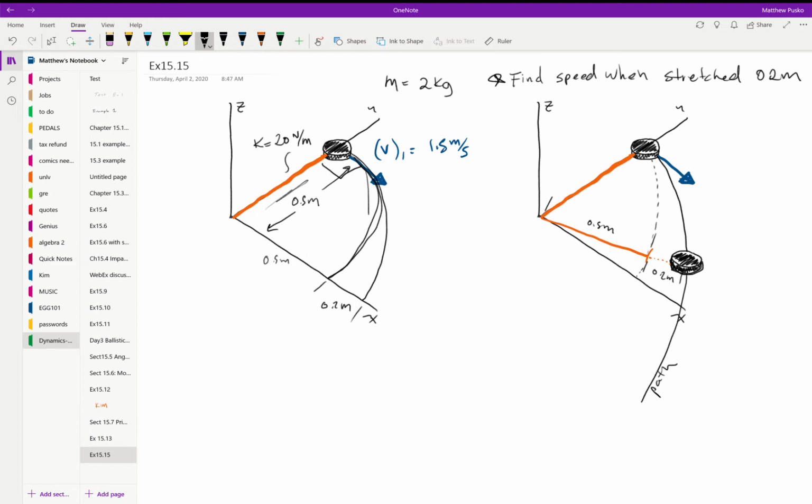So this initial velocity, we'll call it v at 1, is going to have some components to it, right? And the velocity is always tangent to the path, so I'm going to draw my velocity vector, and I'm going to call this one our velocity at 2.